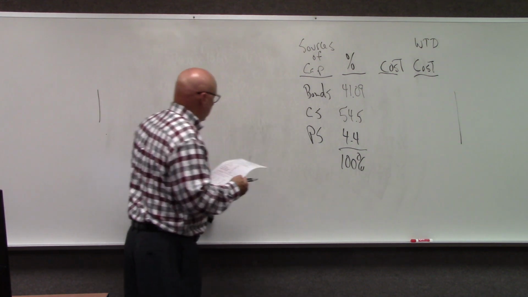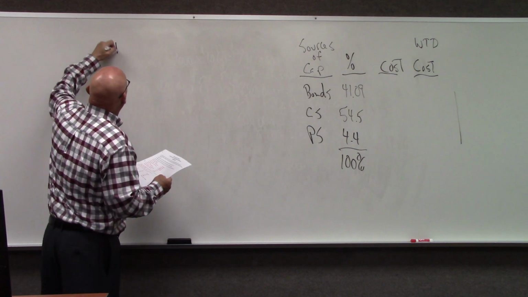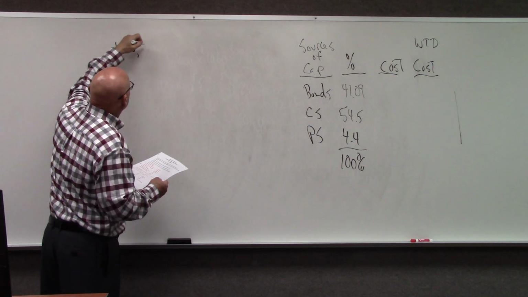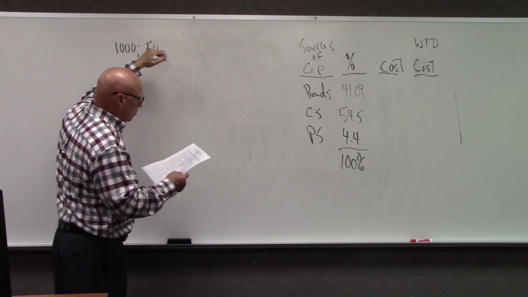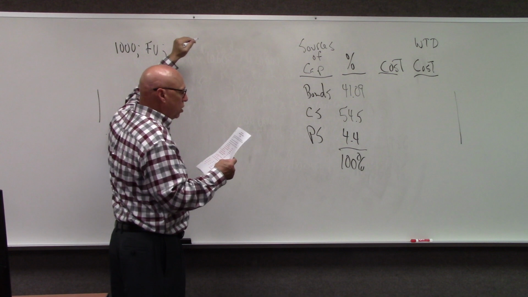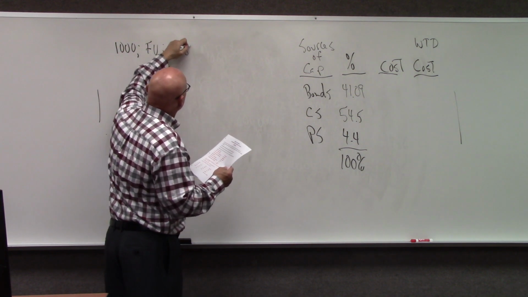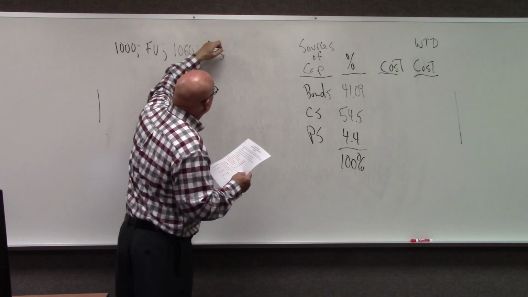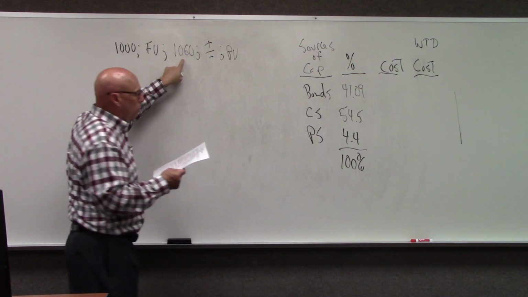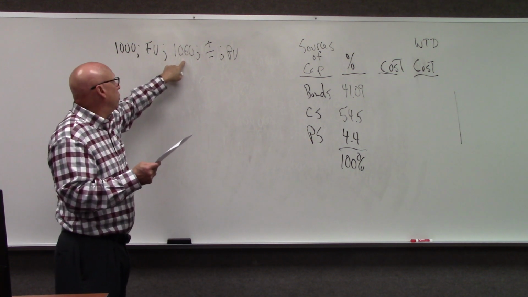And let's find our cost. Cost of bonds. 1,000 is our future value. The bonds are selling at 1,060, so 1,060 plus-minus is our present value. The bond's trading at a premium, which indicates the market rate is below the coupon rate.